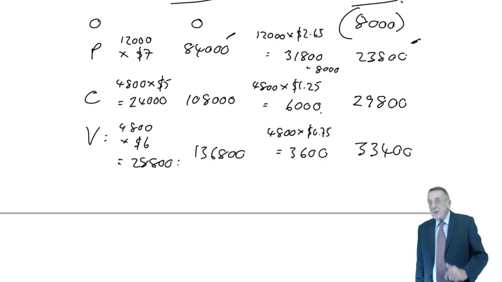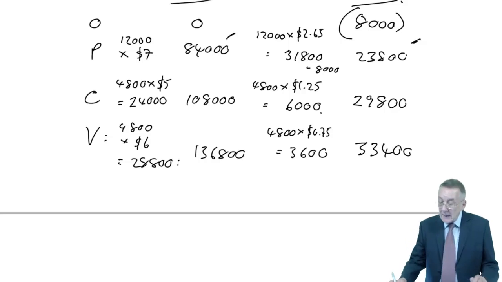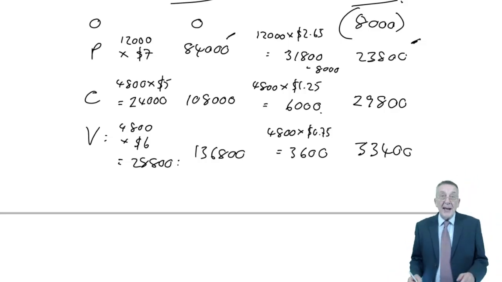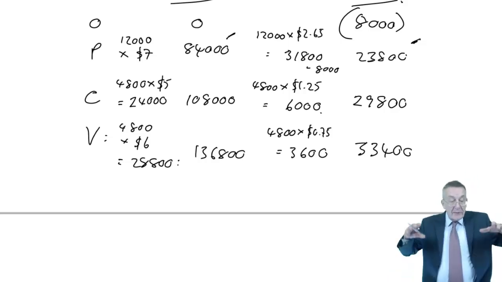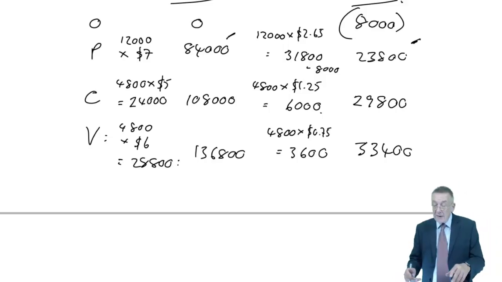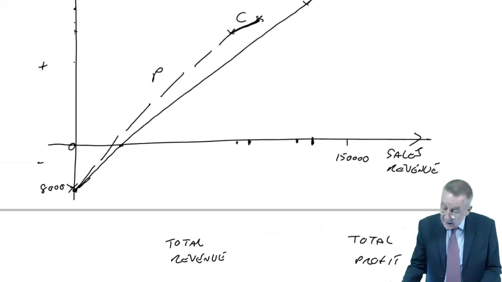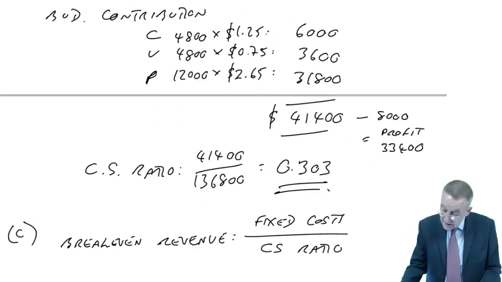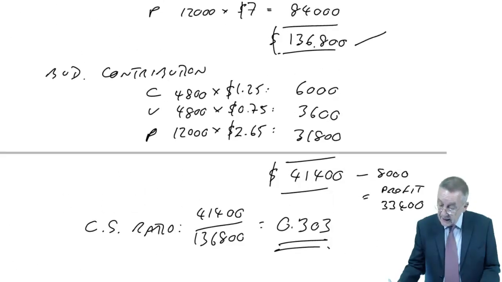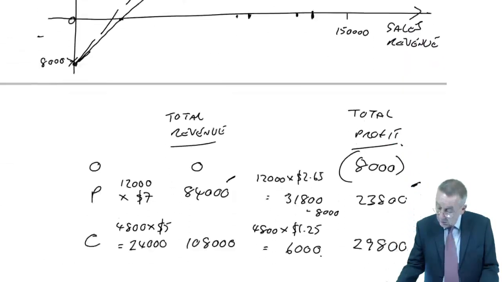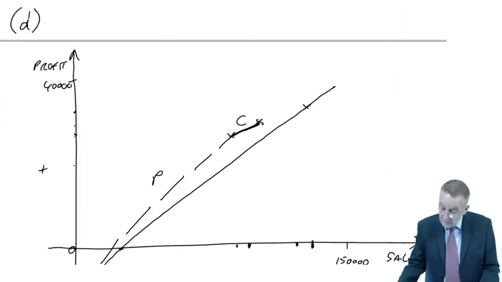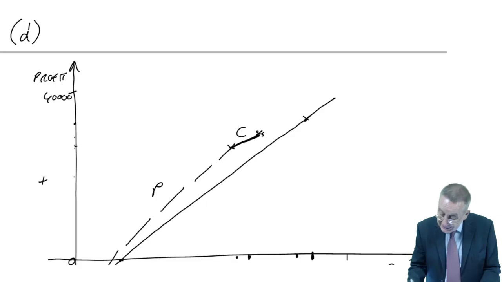Well, of course, we already knew those figures. This just confirms we're correct. Surely, whatever order we're selling them in, if we end up selling the full quantity of all of them, did we not already know that at revenue of 136,800, the profit would be 33,400, which was there.